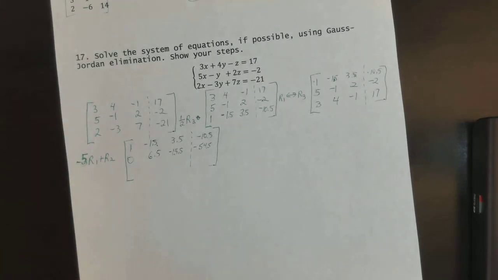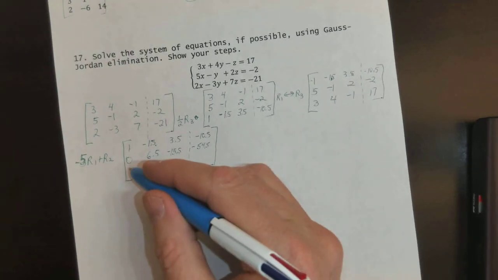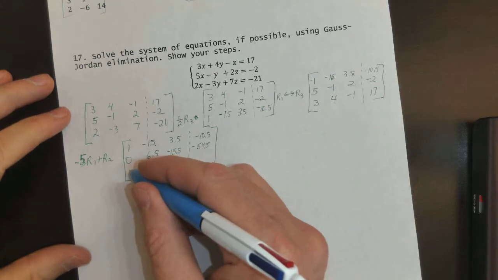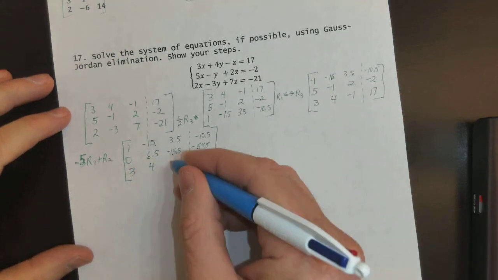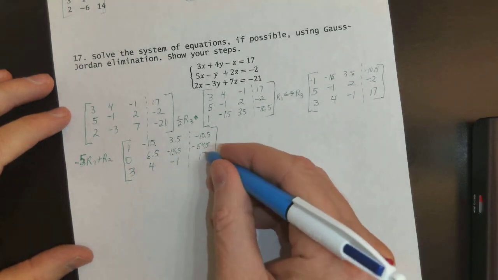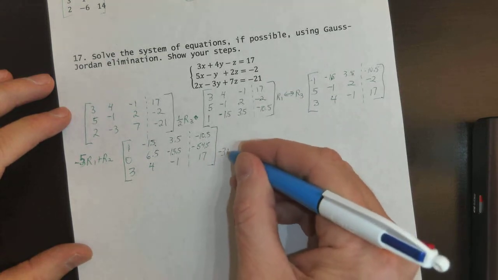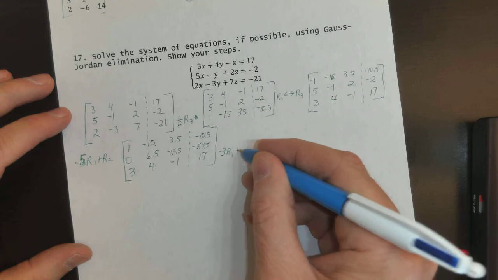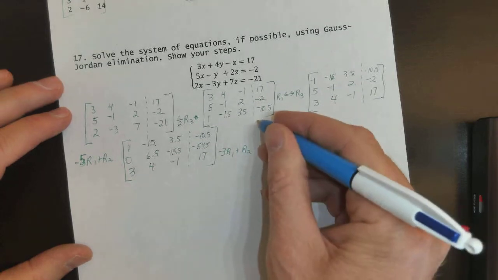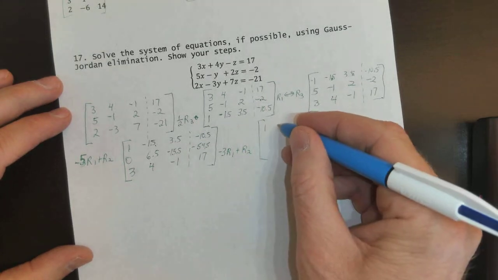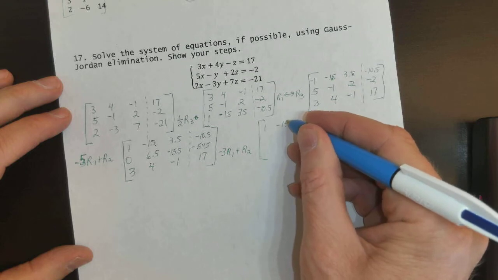And what do we have here? Okay, I'm going to just put the 3, 4, negative 1, and 17 in. And now I'm going to go negative 3 times row 1 plus row 2. Row 1 stays the same.